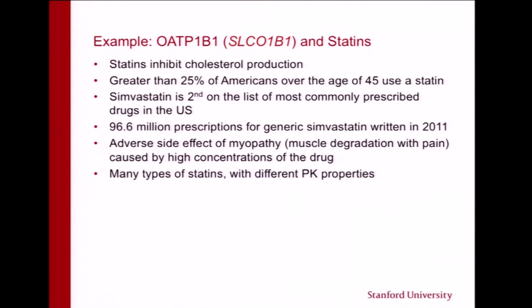More than 25% of Americans over the age of 45 use a statin, and it's one of the most commonly prescribed drugs. However, the adverse side effects related to statin therapy are muscle degradation with pain, which is myopathy, and this is caused by high concentrations of the drug in circulation.